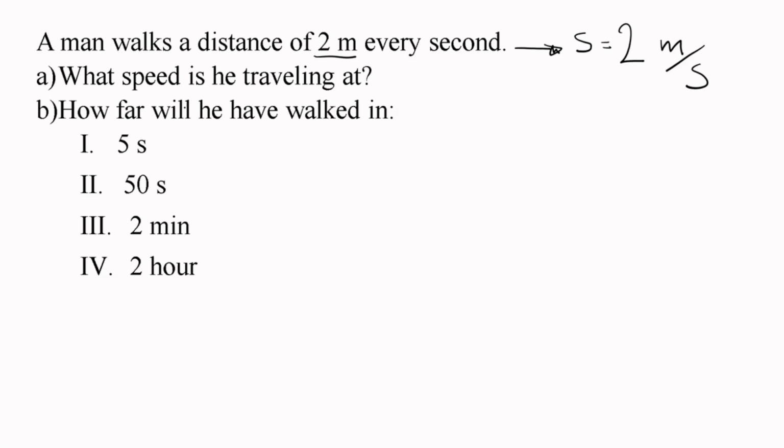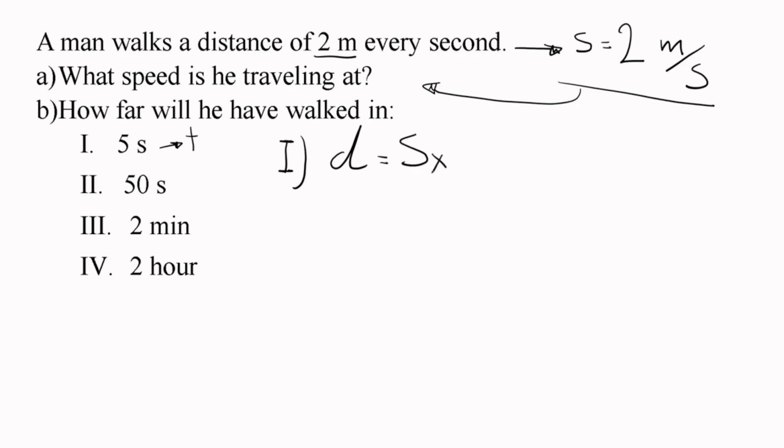What is the speed he is traveling at? It is the speed, so that is the answer of this one. How far will he walk in the first 5 seconds? So we have t, and of course we have s. We want to calculate d. What was the formula of d? d is equal to s times t.